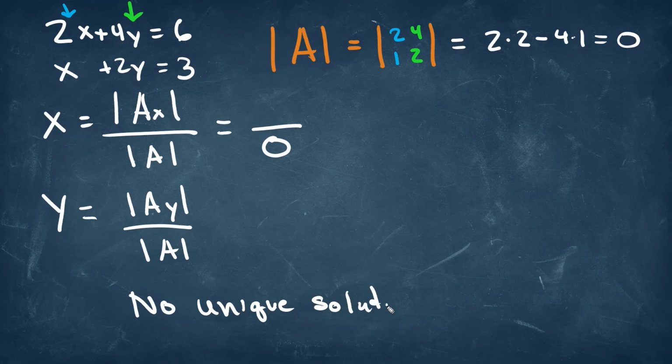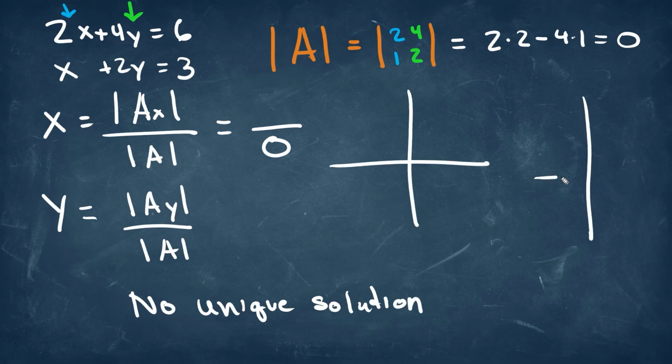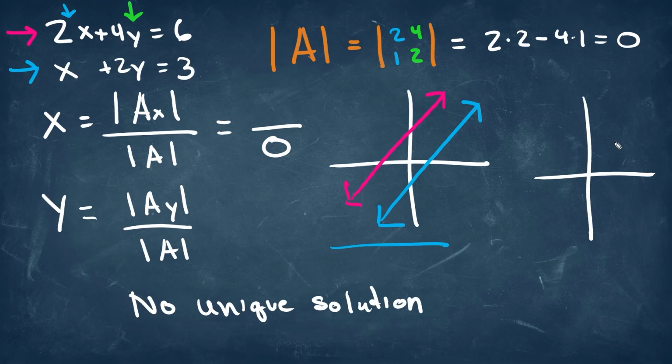Now what this means is that we have two different scenarios. If we were to graph it, we could have a scenario where, say, our first equation looks something like this, and our second equation looks something like this. There'll be parallel lines in which those lines do not cross. So therefore, you cannot have a solution. The other scenario is where you have your line like this, and then your other line overlapped.